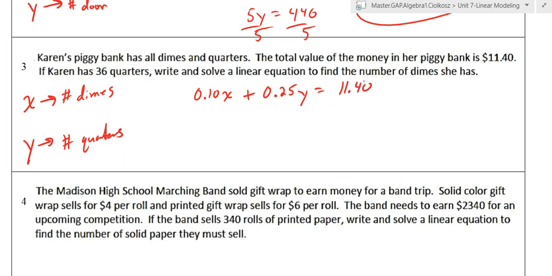Now, it says Karen has 36 quarters. Well, quarters is my y, so I'm going to plug that in. Solving.